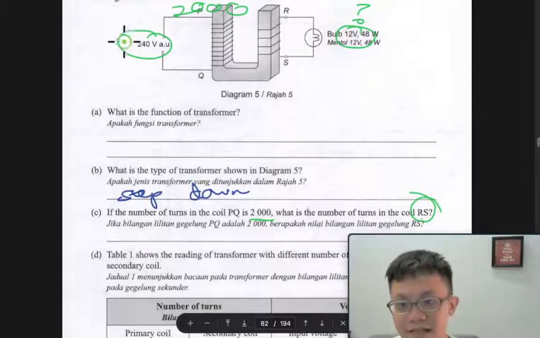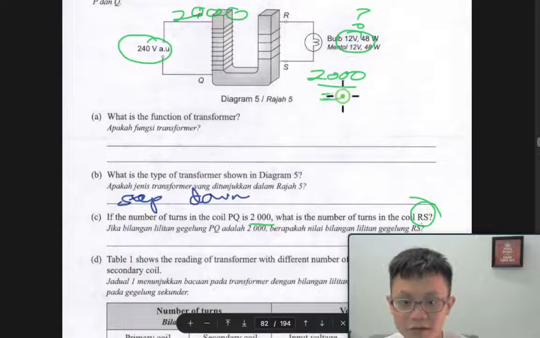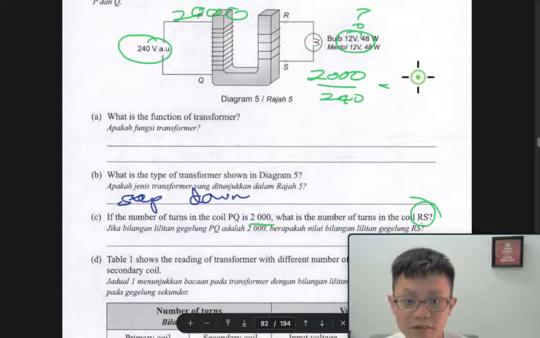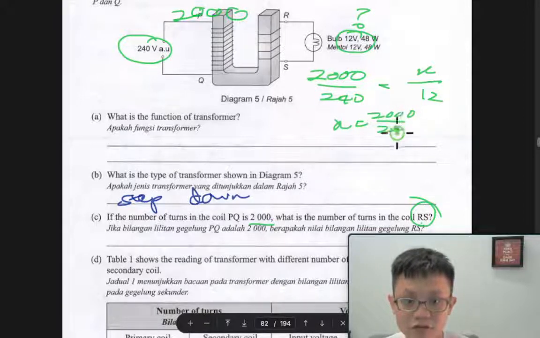The answer is 100. You can use the number of turns divided by the voltage, equals the number of turns you don't know, you just put X, divided by 12 volt. So X equals 2000 divided by 240 times 12, you get 100.